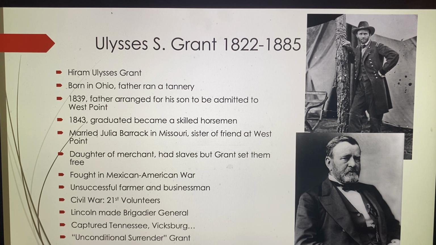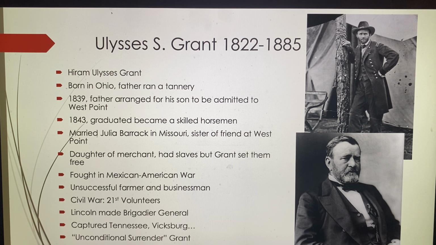And so then the Civil War started, and he volunteered to go to war under the 21st Volunteers. So he's a volunteer. Later, he was under Halleck at first, but later we see how Lincoln brought him in, making him a brigadier general at this point. We saw how he flourished as a general and leading these battles.